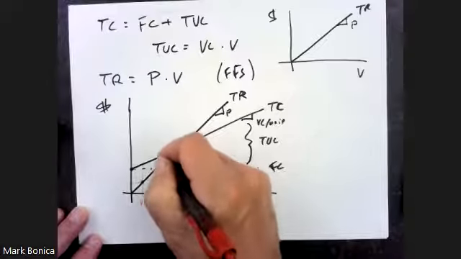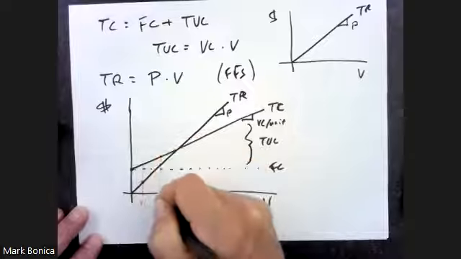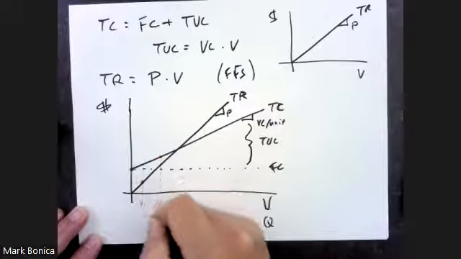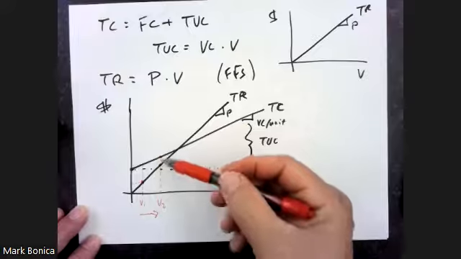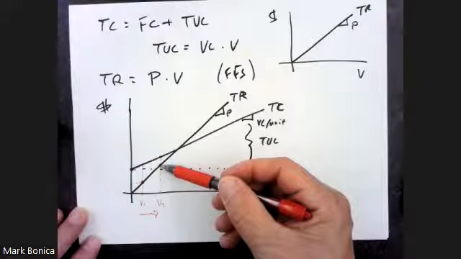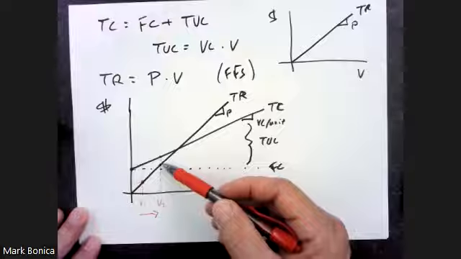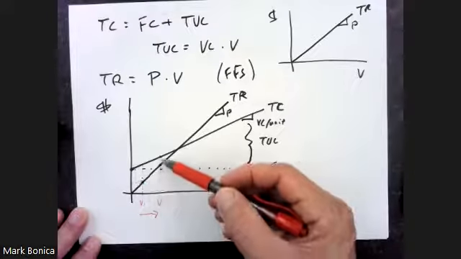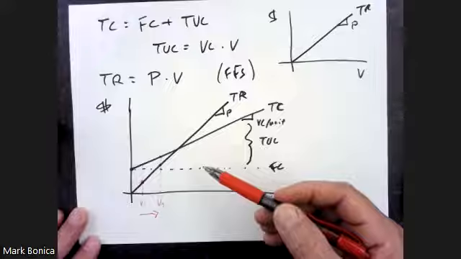Now, what happens as I move to V2? I still have more cost than I have revenue. But what has happened as I move from V1 to V2 in terms of the gap between my total cost and my total revenue?